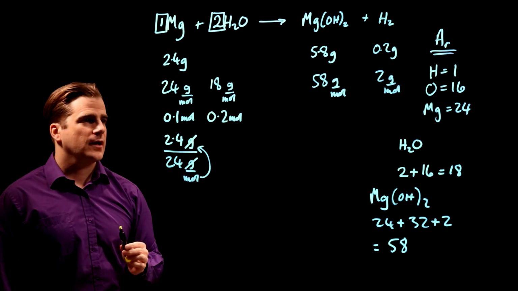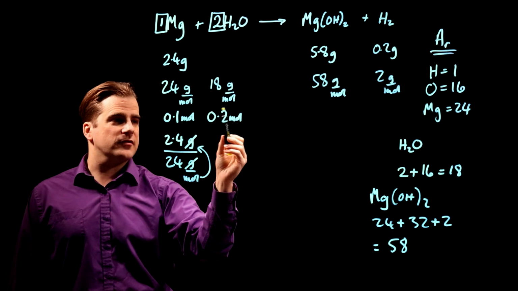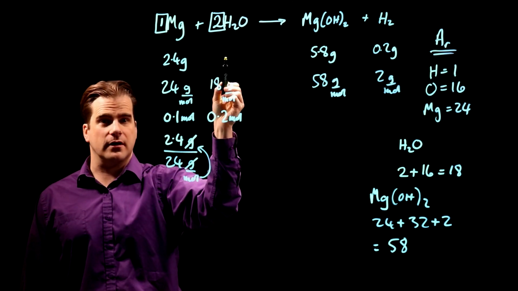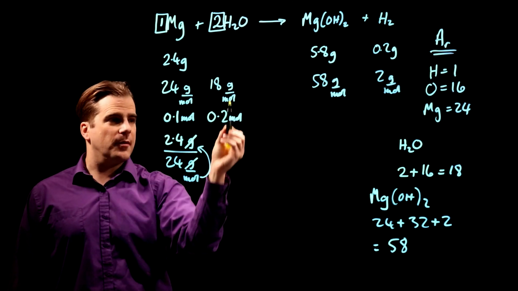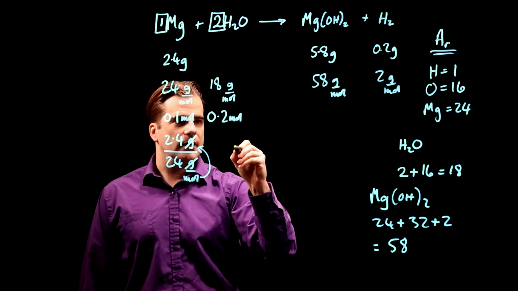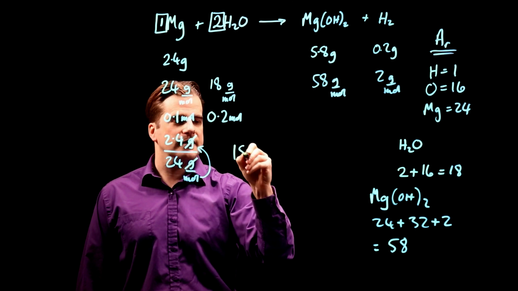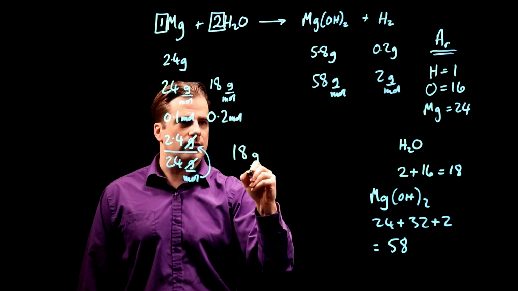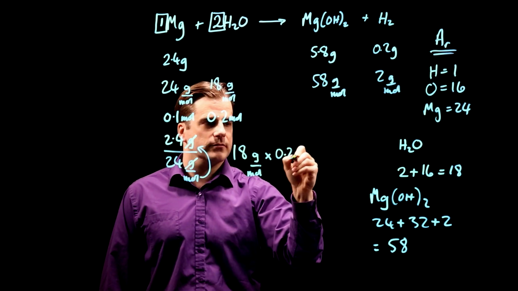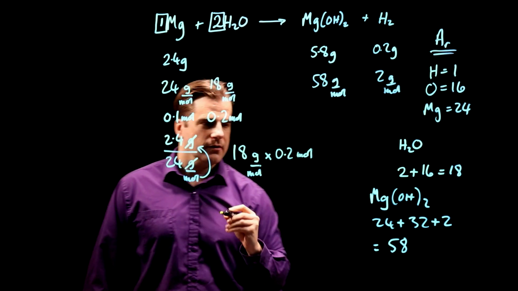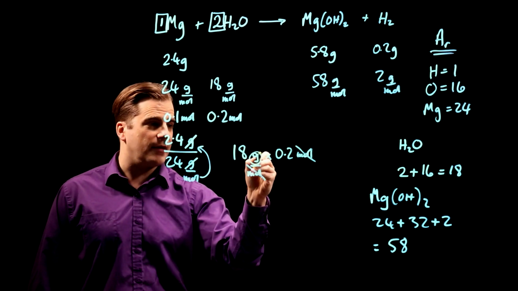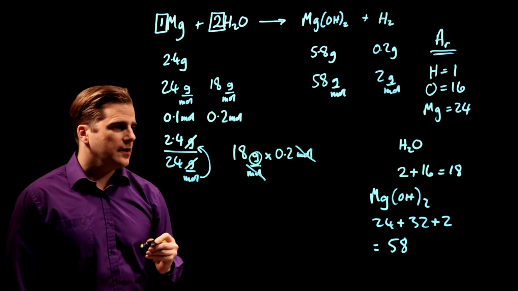Okay? So now, like I promised you, we've suddenly got two things in this column, so you can work out the third. We've got grams per mole and mole. So, if we do 18 grams per mole times 0.2 moles, we've got moles on the top, moles on the bottom, they cancel, and we're left with just grams, which is what we want.